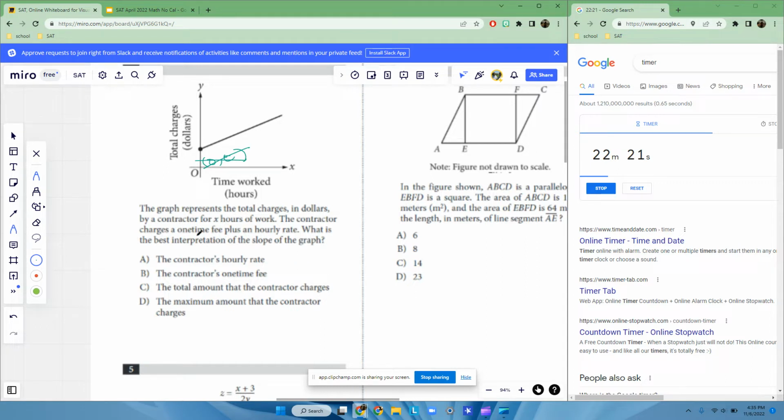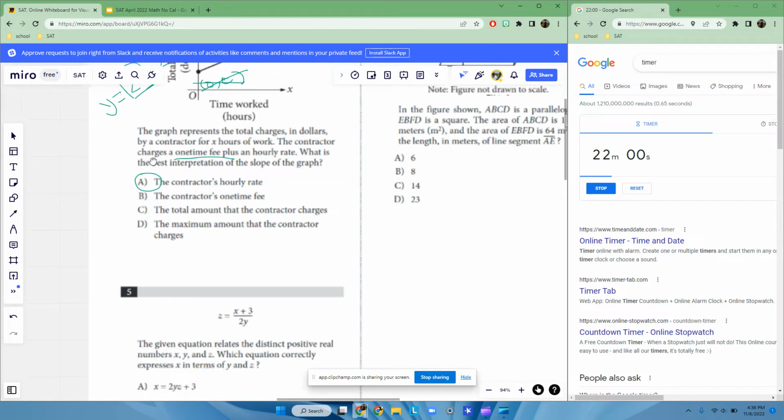But considering the fact that the slope is not the one-time fee, we know that A is our answer. Because if we have, for example, y is equal to 2x plus 2, let's just say $2 is his flat fee, then $2 should be his hourly fee. So x is the amount of hours. So that's how you would do it.